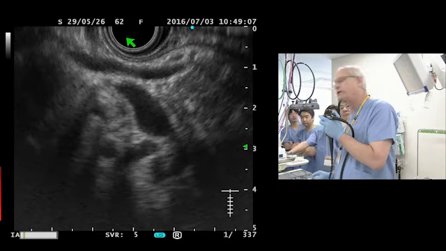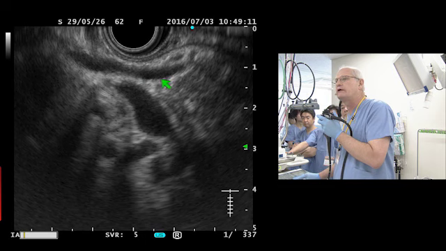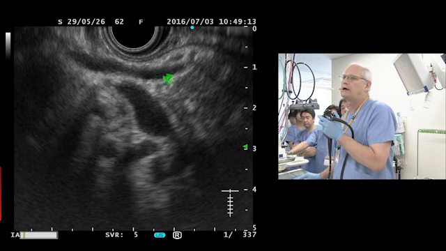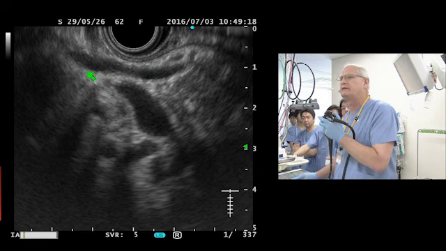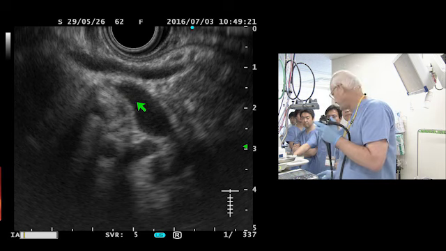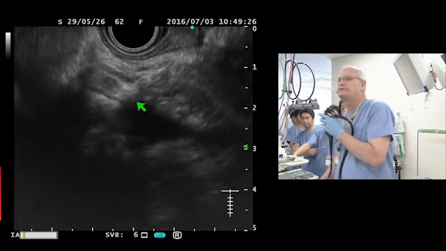You can see here the bile duct typically has sort of a 3-layer wall to it. This wall is maybe a little bit irregular, but I don't make too much of this bile duct, and I'm supposed to take more pictures, so there's a picture.